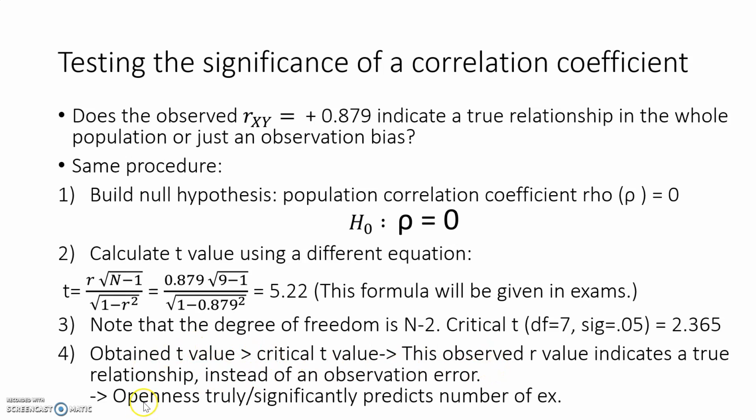This means we can not only claim that openness is strongly related with the number of past romantic partners, we can also claim that this is a true relationship. So openness significantly, or truly, predicts the number of romantic partners in the past.